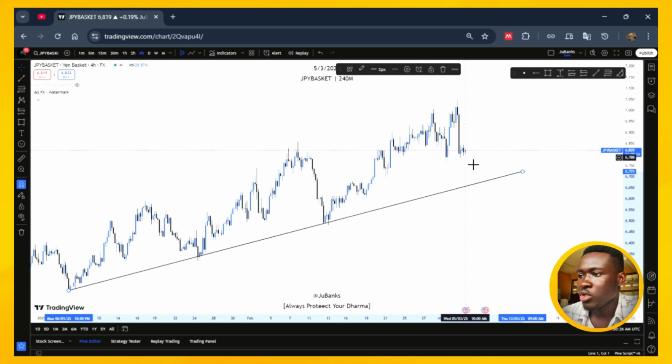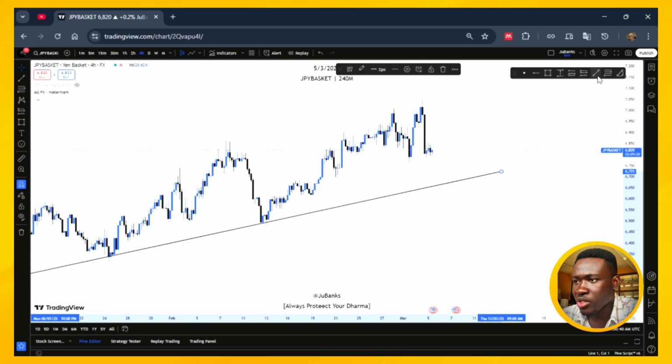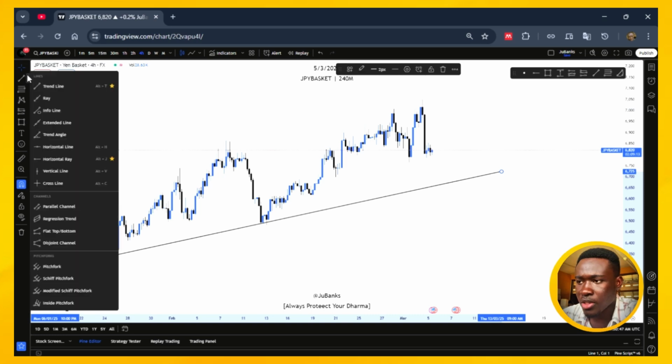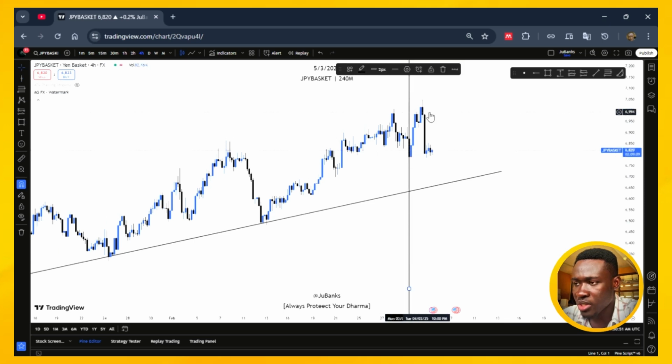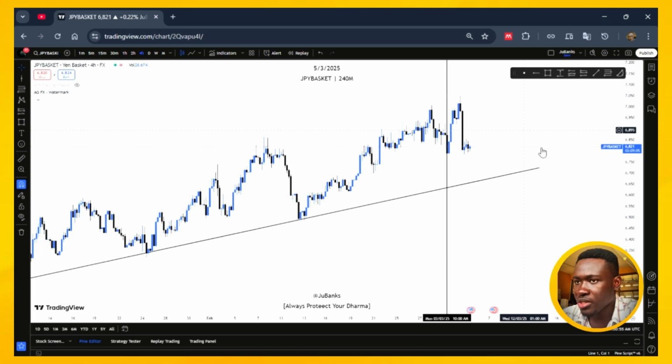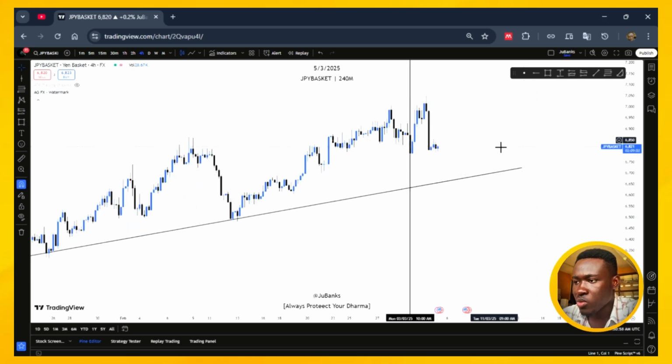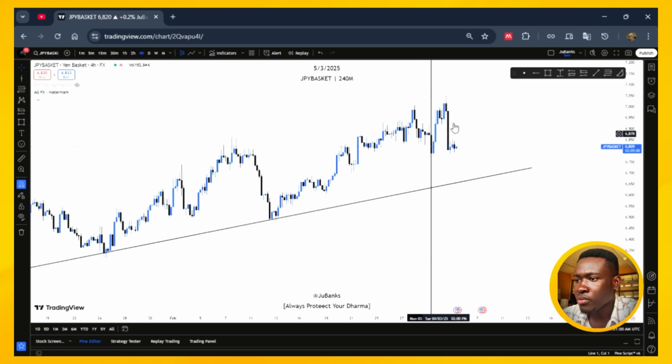So yes, I took this particular trade around here. Let's go ahead with the analysis. I noticed that it was in a bullish phase. The next thing I saw was that this lower low was able to break this higher high.